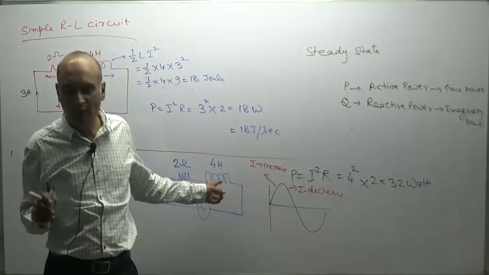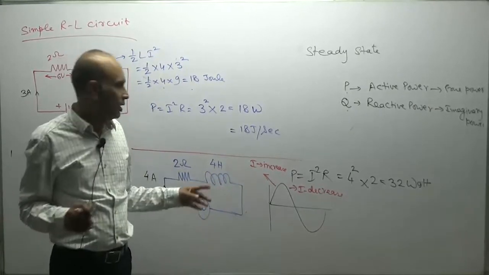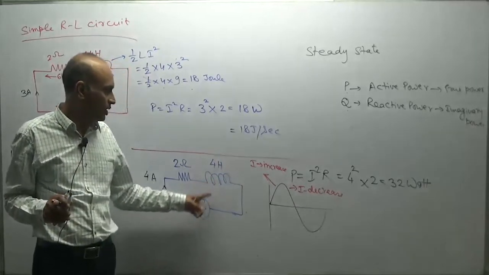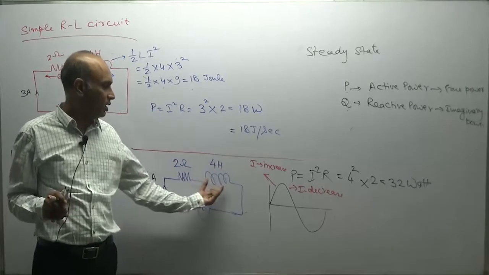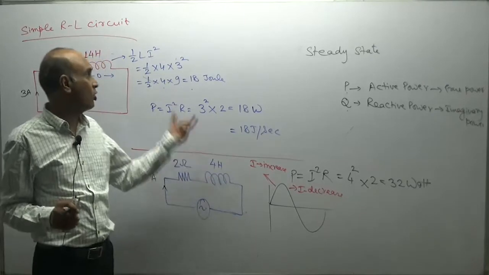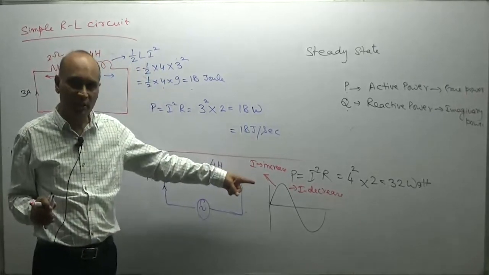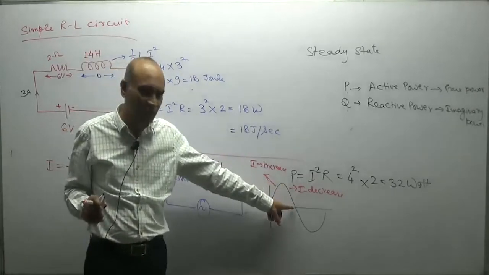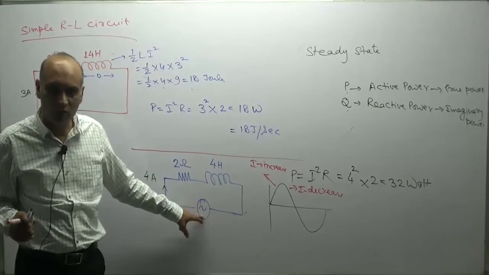Basically, the inductor is not consuming any power. It is doing energy exchange with this voltage source. When the current is increasing, it is storing the energy because of this formula. When current is decreasing, it is giving back energy to this voltage source.